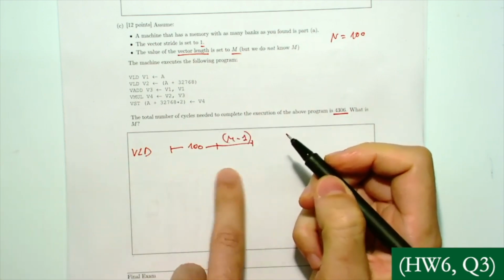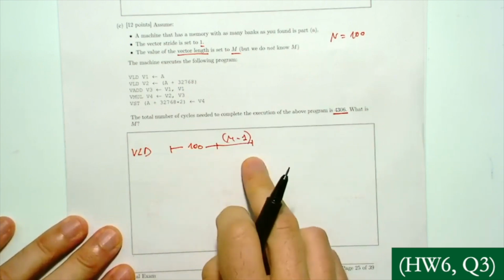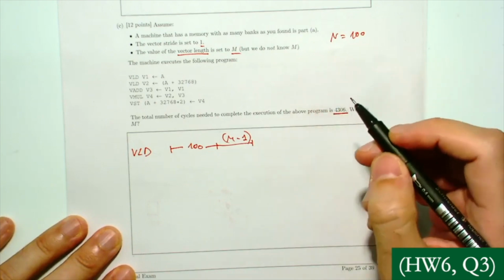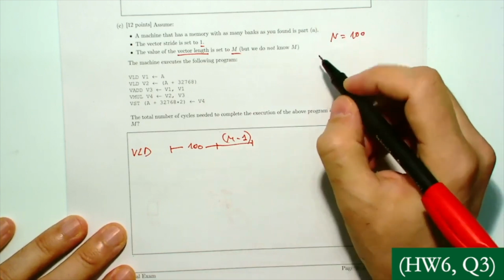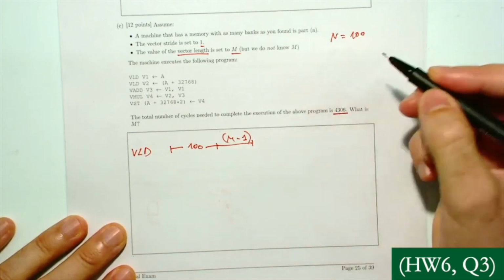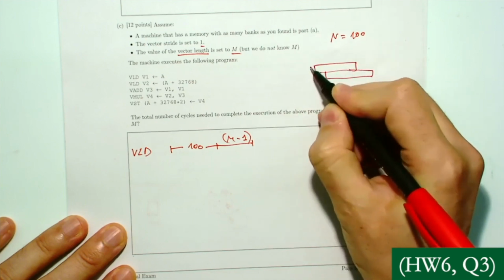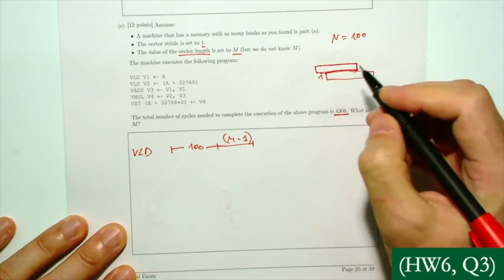Why is this the latency? If this is one, we can start one new load every cycle, right?